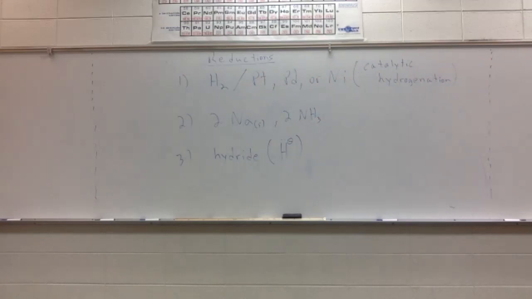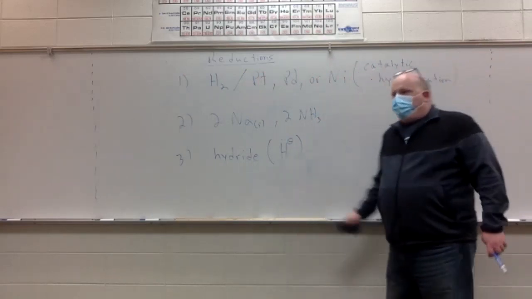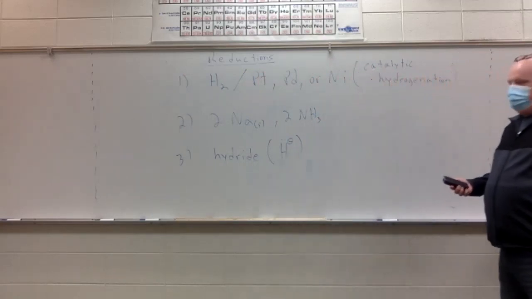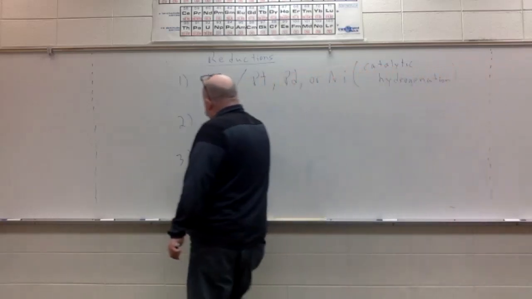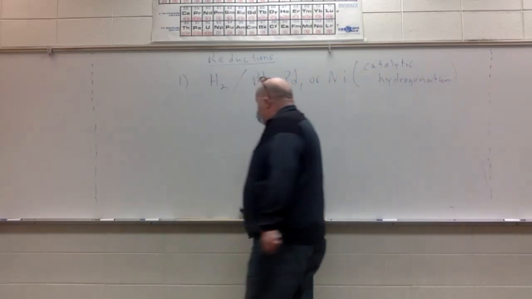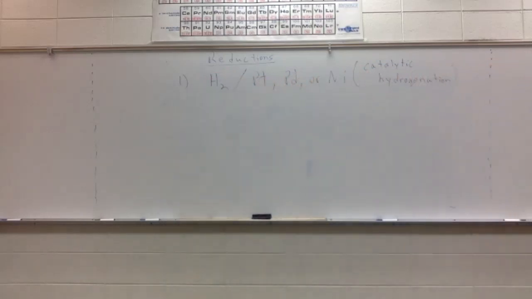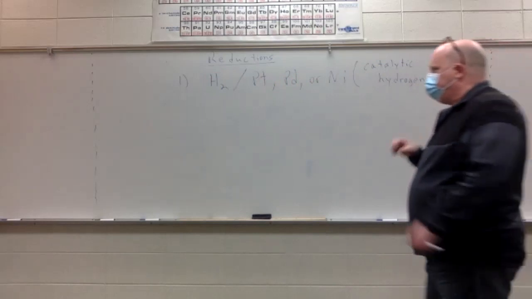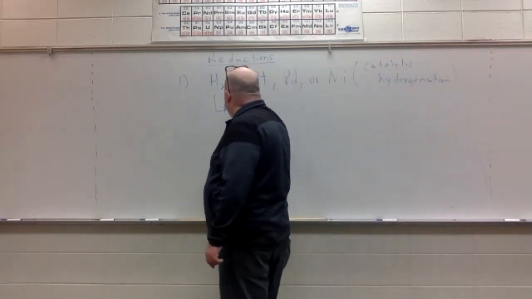All right, so the first one we're going to talk about is catalytic hydrogenation. So I want to go ahead and just get you started in this one a little bit. Basically, what you use catalytic hydrogenation for is hydrogenation of pi bonds. And you can do this with either alkenes or alkynes.